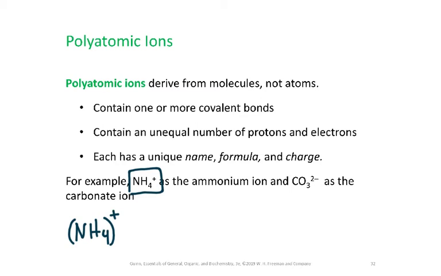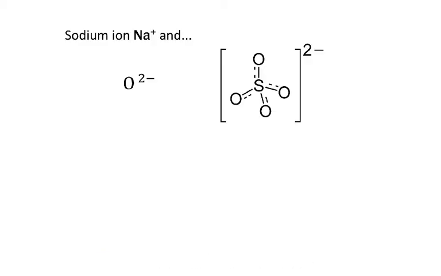And another example would be CO3 with a -2 charge. So it's basically carbon and 3 oxygens, and the whole thing has a -2. It has 2 extra electrons relative to the number of protons. So looking at these two examples here, oxide and sulfate, what happens if we have a sodium ion that would make an ionic compound with it?